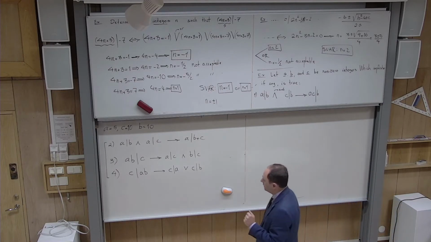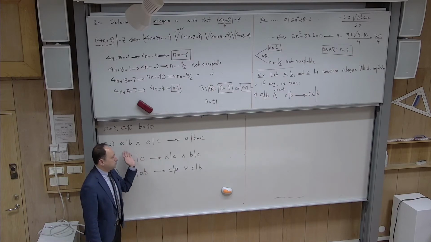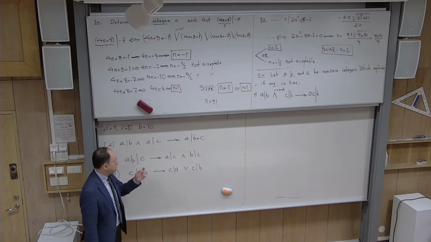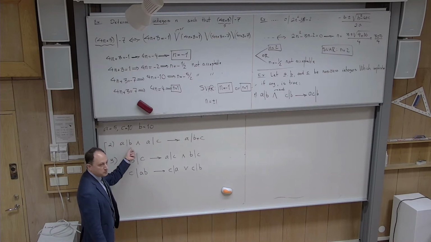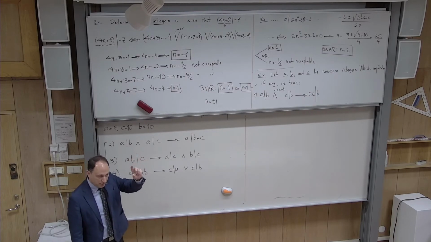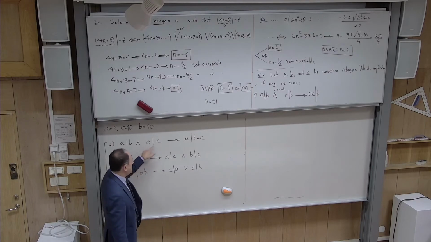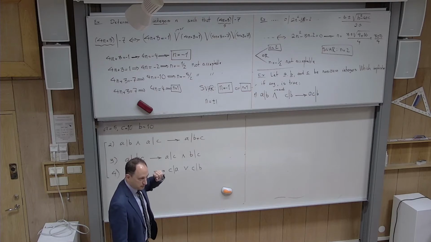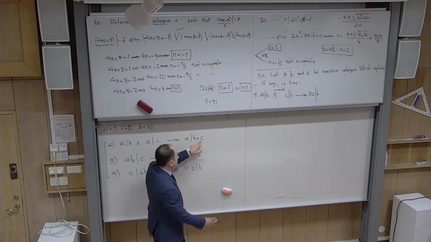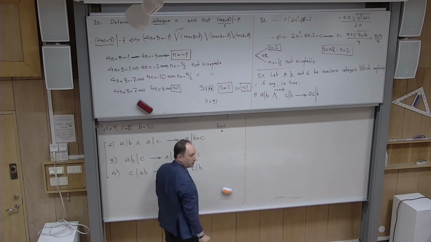For example, one rule of thumb, if this is a multiple choice question and you want to see if this is true or false: when you say A divides B, it means the fraction B over A is an integer. Yes? And when you say A divides C, it means C over A is an integer. But what is the meaning of the sentence B plus C divided by A?